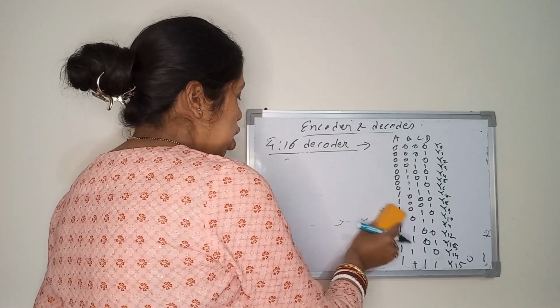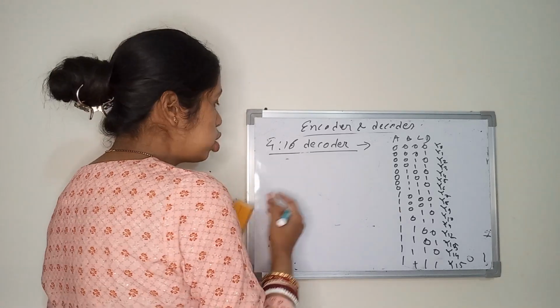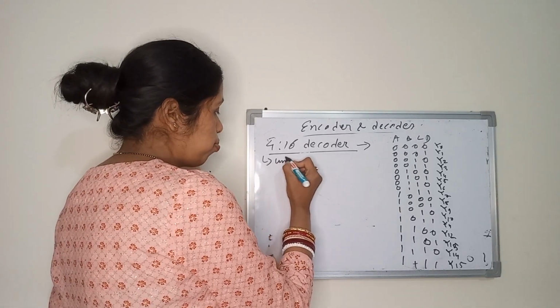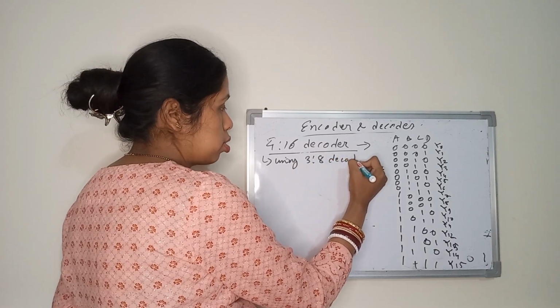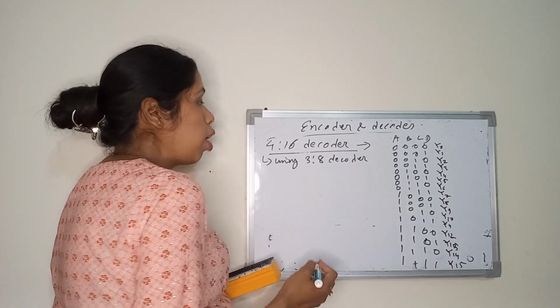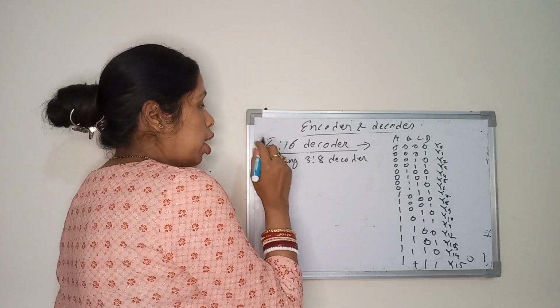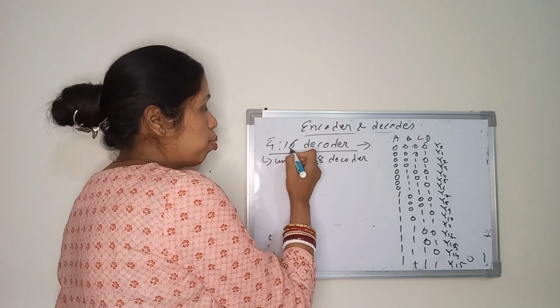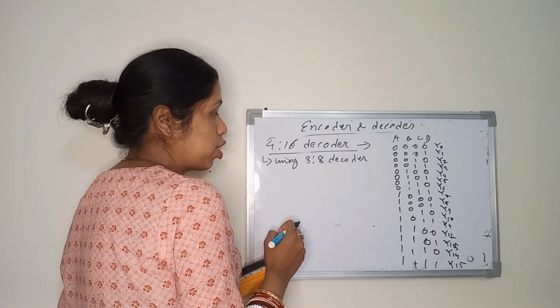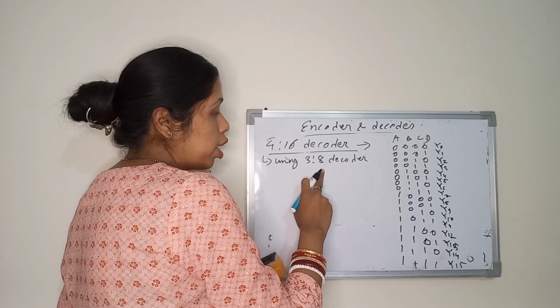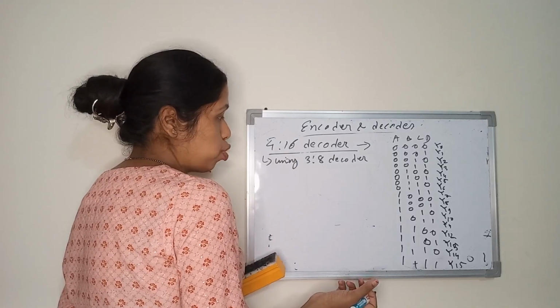First I am showing you how you can design the 4 to 16 decoder using the 3 to 8 decoder. The maximum output here from this 4 to 16 decoder, how many output lines will we get? 16 output lines. But from the 3 to 8 I will get a total of 8 output lines.